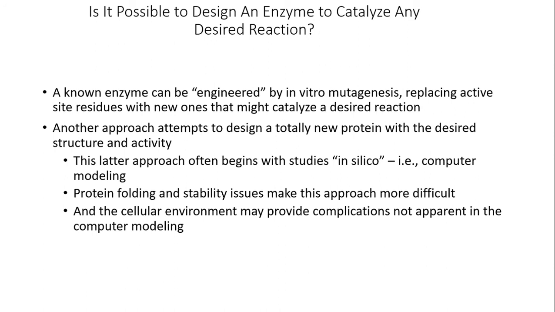But other approaches design totally new proteins with a desired structure and activity. Protein folding and stability issues make this approach more difficult, but there has been some good work done on this. And you do begin by using computer modeling. And some of those websites that I listed when we were discussing proteins would be helpful in this case.